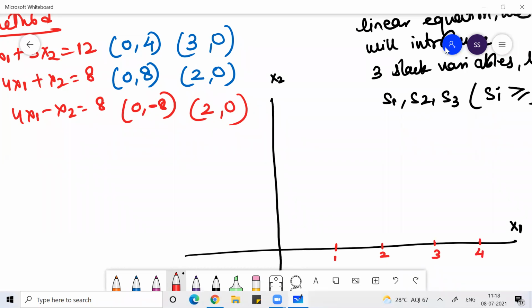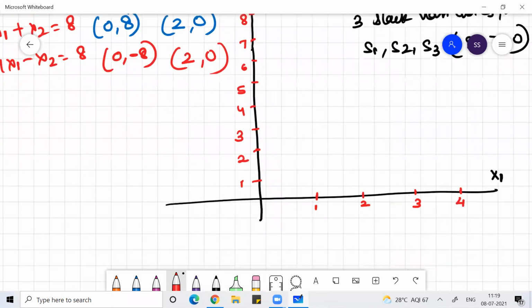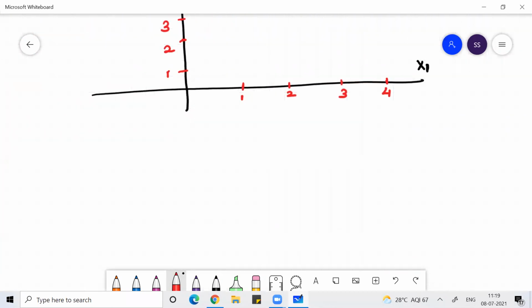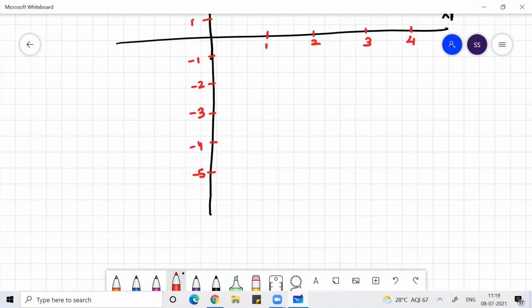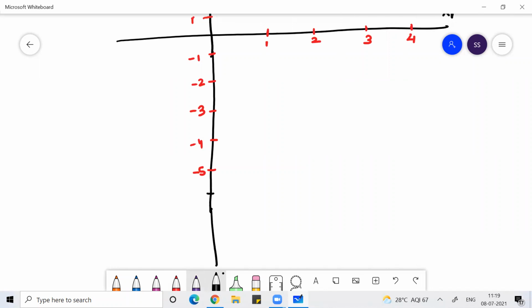And if you see your vertical axis, this is 1, this is 2, this is 3, this is 4, this is 5, this is 6, then this is 7, this is 8. And on the negative side, this is 0, this is minus 1, minus 2, minus 3, minus 4, minus 5, then minus 6, minus 7, minus 8.